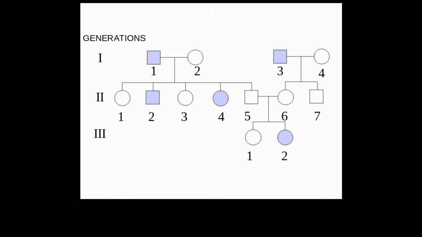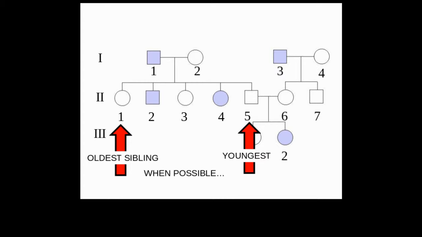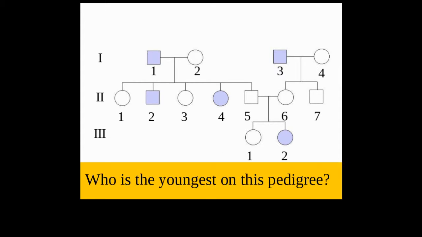This is a separate family on the right. So when possible, we have the oldest on the left, youngest on the right. So who's the youngest on this entire pedigree? We can say that individual 3-2 is the youngest, third generation, and the farthest right.